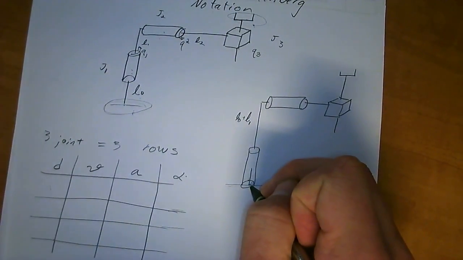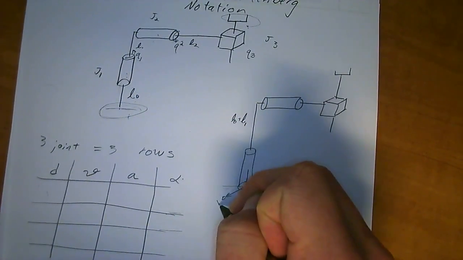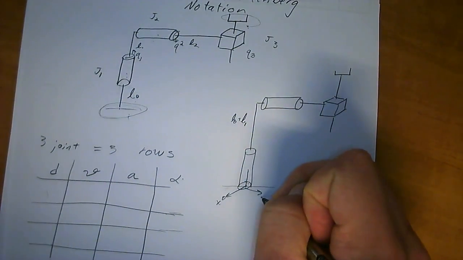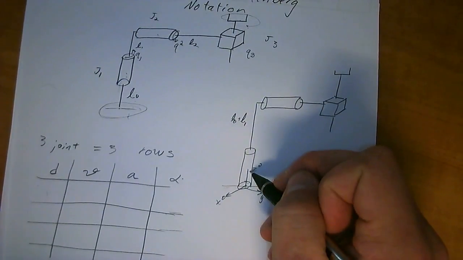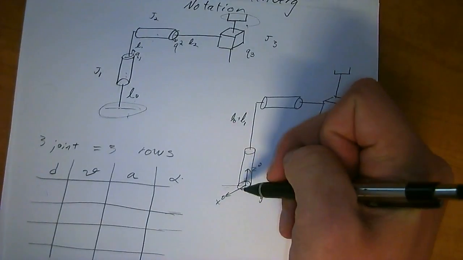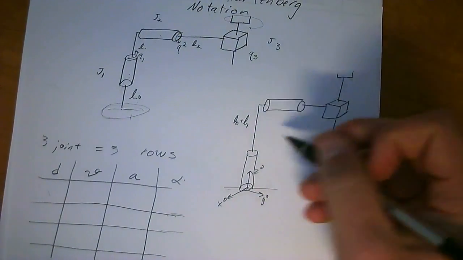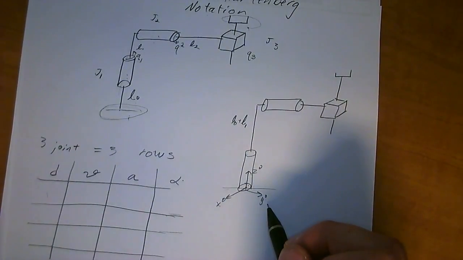But what we're going to do is we're going to define the first axis system here. This is going to be x0, y0, and z0, just like that. And when defining these, you always have z in relation to the axis of rotation or displacement. So you'll see this in a second.